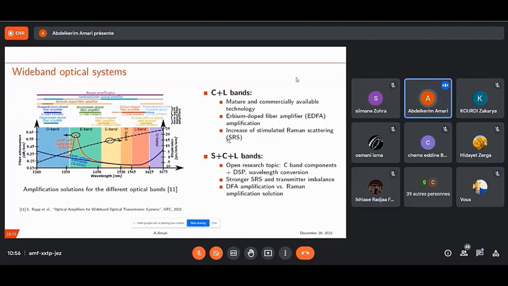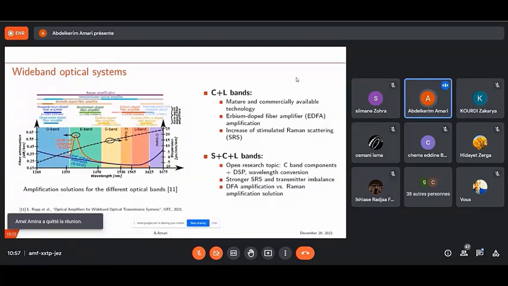One of the challenges is the increase of stimulated Raman scattering, which leads to the transfer of power from high frequency to low frequency. And by considering larger bandwidth, S plus C plus L, which is currently a research topic, we get more and more challenges. So this stimulated Raman scattering will increase significantly because you have a larger spectrum now.